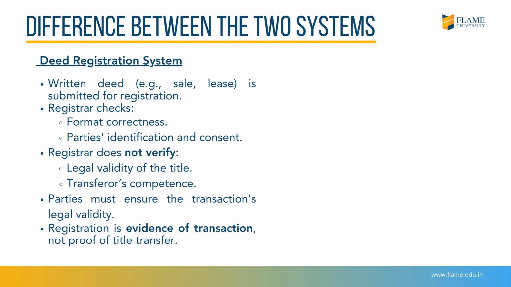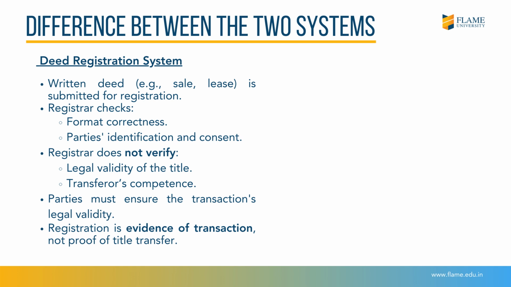He does not go into the legal validity of the title of the transferor and his competence to make the transaction. It is the responsibility of the parties to examine the legal validity of the transaction. Therefore, in a deed registration system, registration is only evidence of property transaction and not the conclusive proof of the transfer of title.